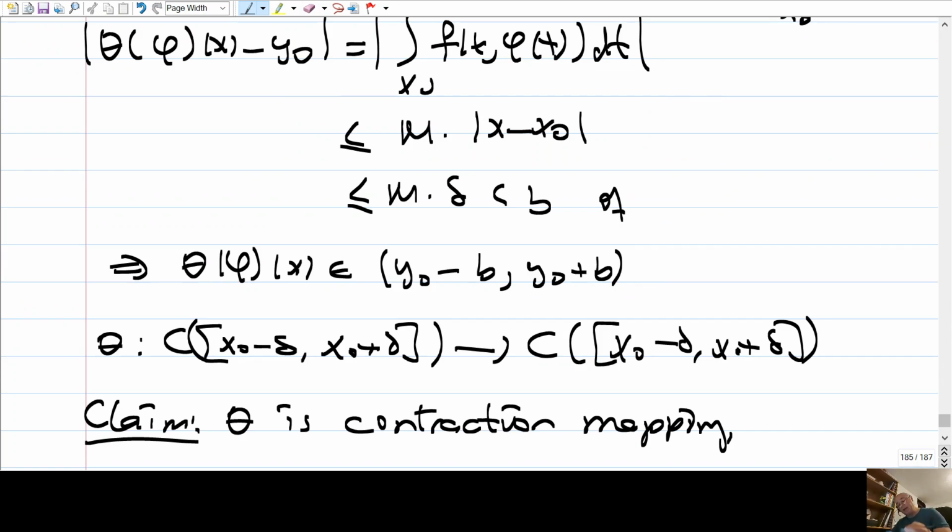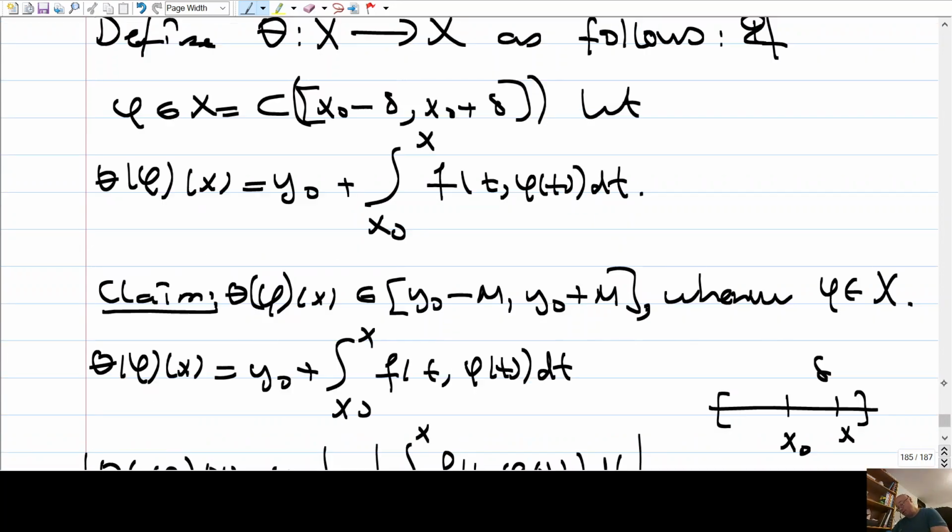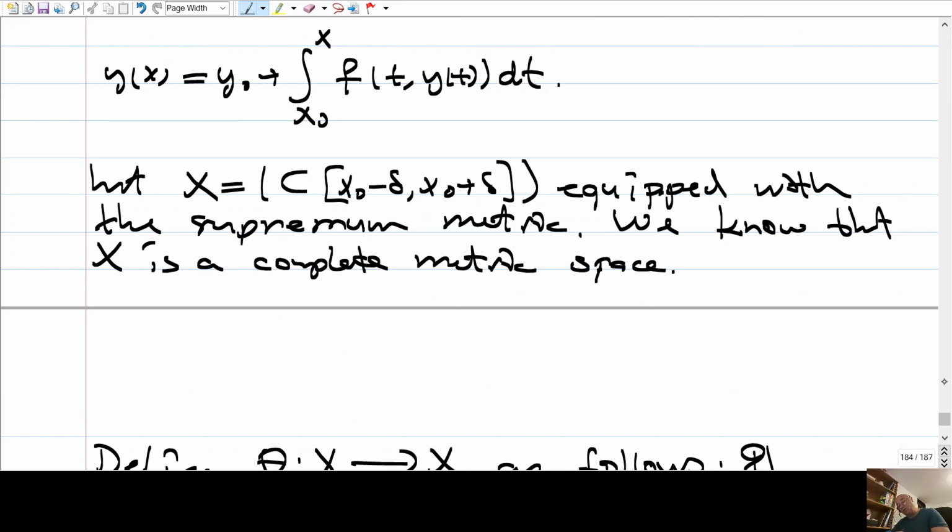It's kind of lengthy, but the steps are simple, and we make use of almost everything we have used so far, right? We use compactness, we use completeness of function spaces, and many other things.